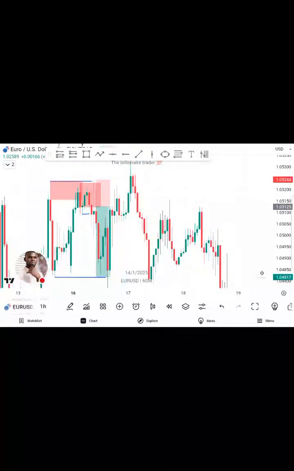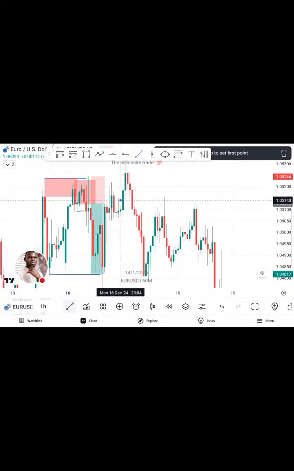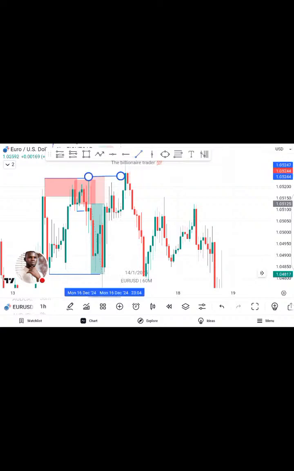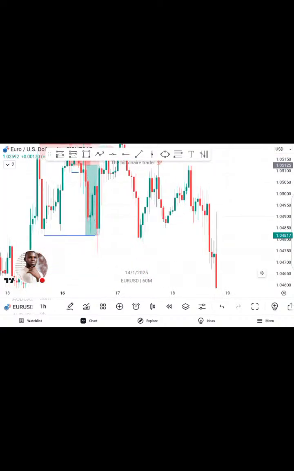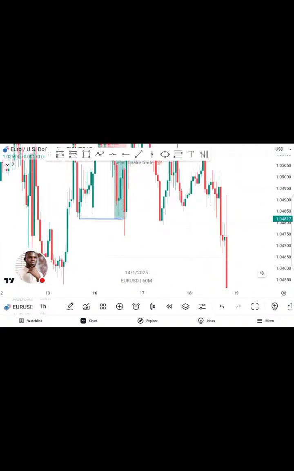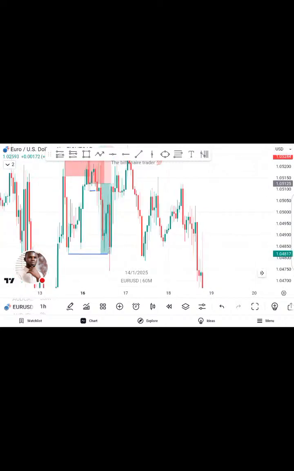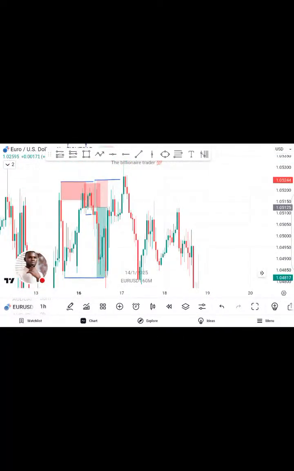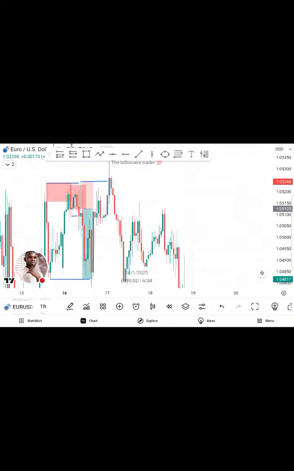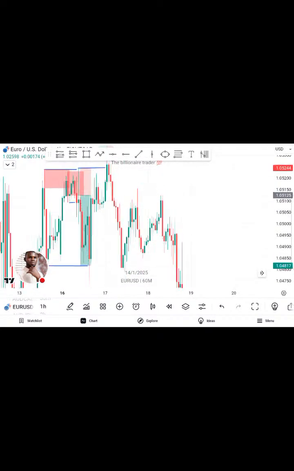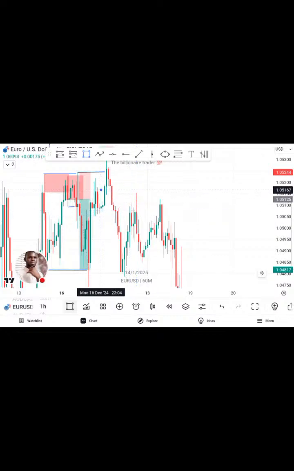That's why price actually came back here and cleared out this eye. And another thing is that it invalidated that eye, which was expected to hold, and we have a reaction from mitigating that eye too.